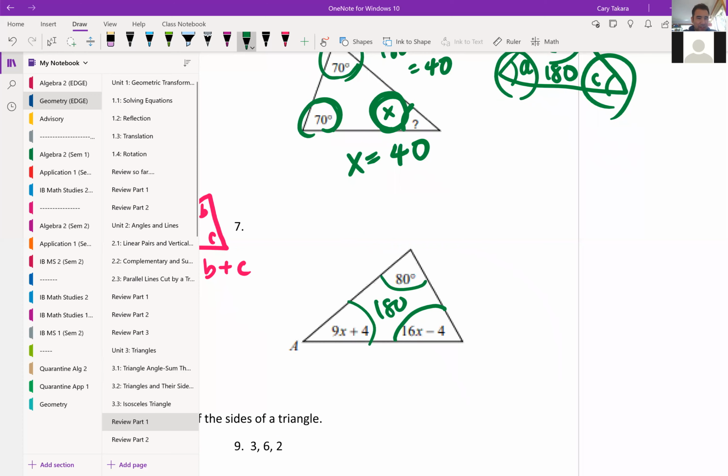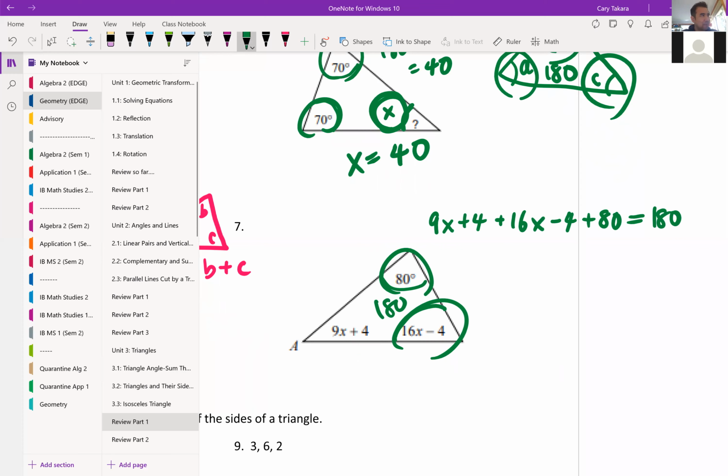So the equation will be, you're going to add all 3 angles, and that will be equal to 180. So it will be 9x plus 4, is that 4? Plus 16x minus 4 plus 80, and that is going to be equal to 180. It's a long equation, isn't it?